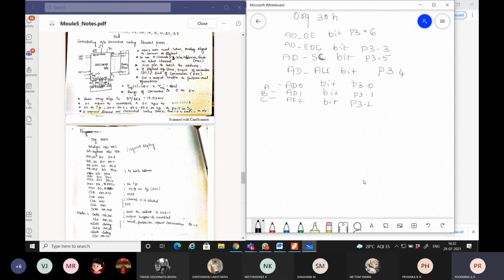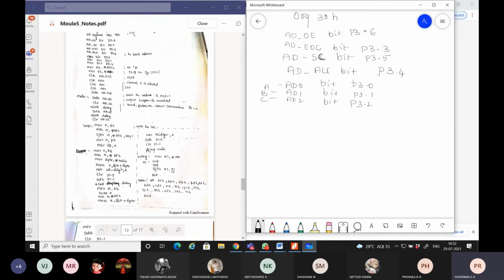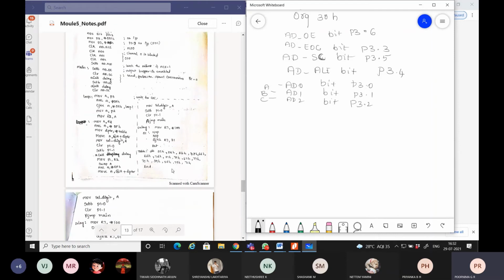Okay, after that, your program has to run. So therefore, all initializations got over. Now, configure port 2 as input port by sending FF to port 2, so therefore MOV P2, #0FFH.